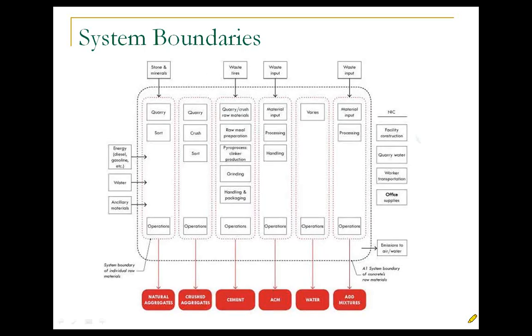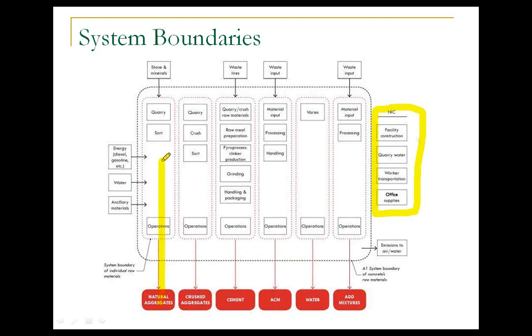It describes in this PCR the system boundaries, what's included in the LCA, and there's some notable items that are not included in the life cycle assessment, and I'll describe those in a second. But one thing to point out is that you do have to include all upstream processes, right?